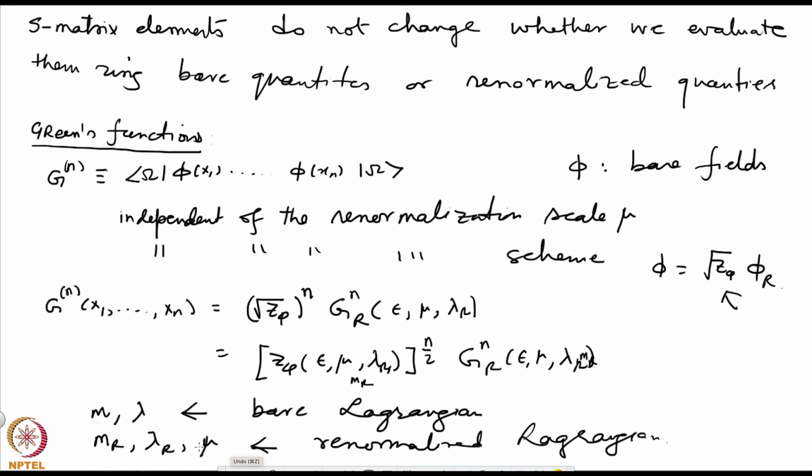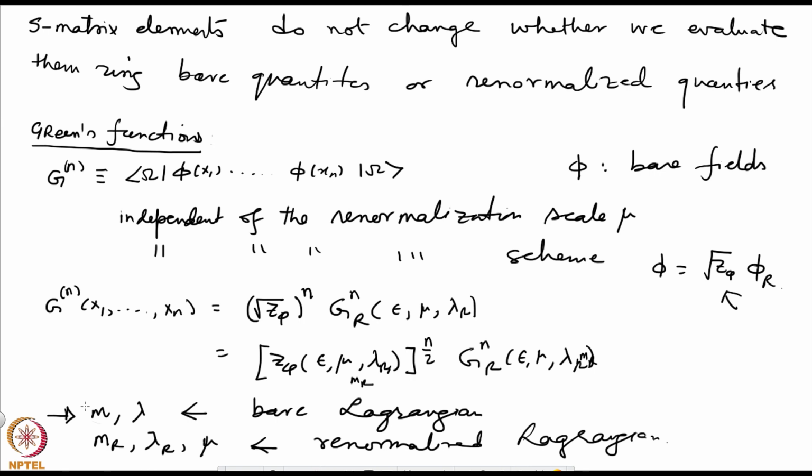Or let me put it this way. Let's look at the theory from this point of view, where you are using only m and lambda, the bare parameters. So you have reached all your conclusions. You have found out what the physical mass is when you have chosen a particular value of m and a particular value of lambda.